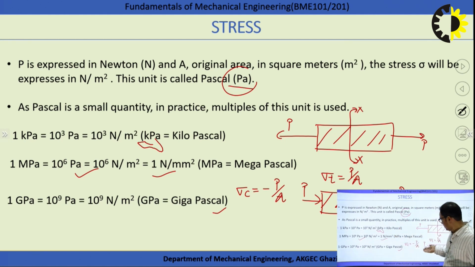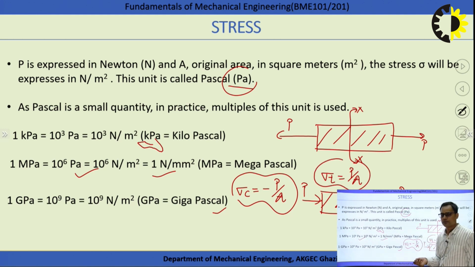But if the load is compressive, the length will reduce and the diameter will increase. So that's why the negative sign comes into the picture in case of compressive stress. Whenever you are representing compressive stress, you represent it with a negative sign, and tensile stress without it. Both are normal stresses, right?